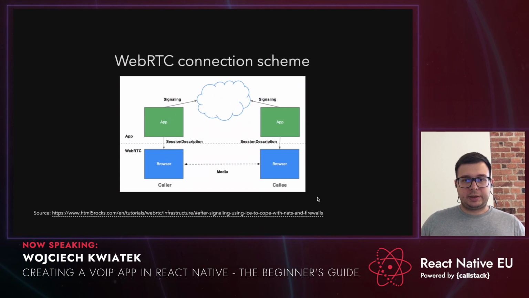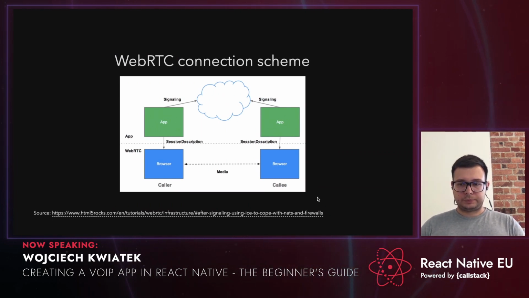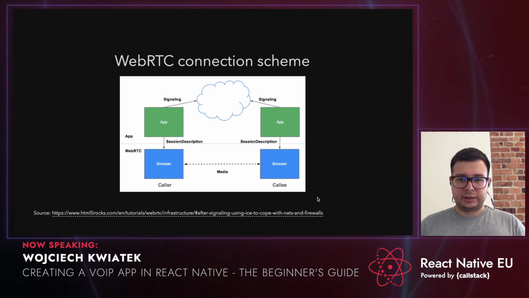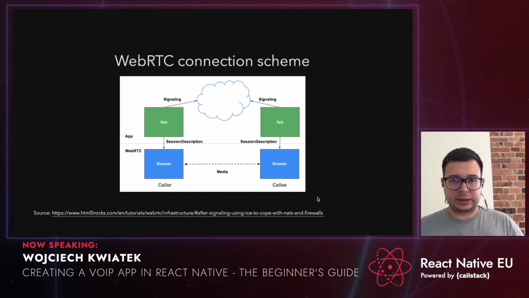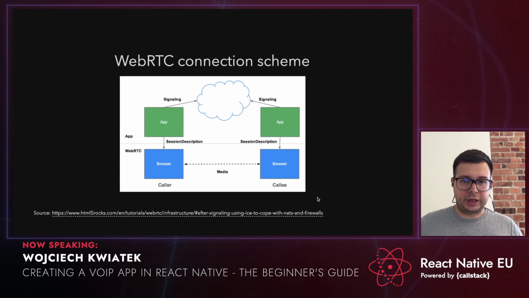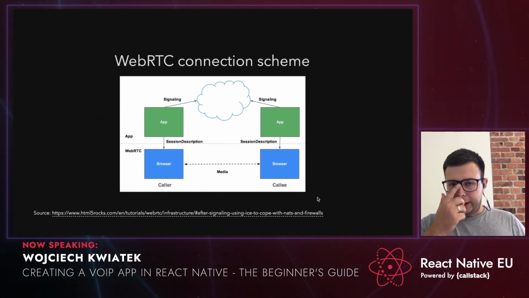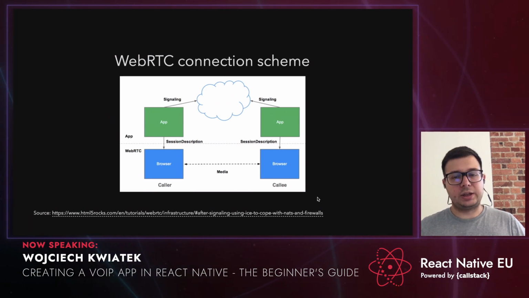But yeah, let's talk a little bit about what the WebRTC connection looks like, because usually what you can find on the internet is just that WebRTC is a peer-to-peer connection, and that's actually true, of course, but there's a little bit more behind that, because to have a peer-to-peer connection, you need to somehow discover these two peers. And discovering these two peers is usually done through some external server.